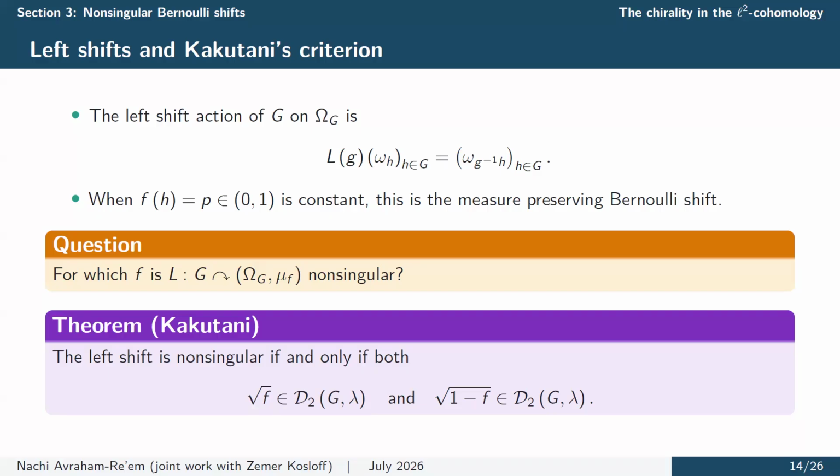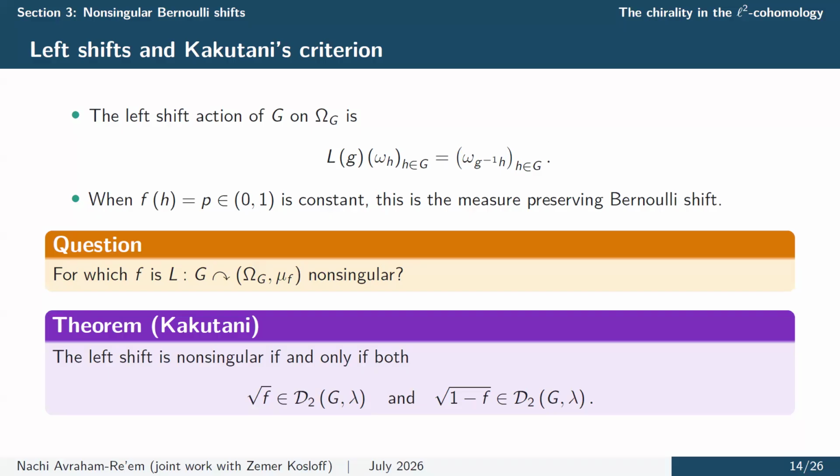But I want to take this further into more dynamical results, not only about whether it is non-singular or not. I'll explain that right away. So this is the model of the non-singular Bernoulli shift. We have a Bernoulli scheme, which is just a general probability space for the group G, just 0 and 1 indexed by G. We have a class of product measures on it.